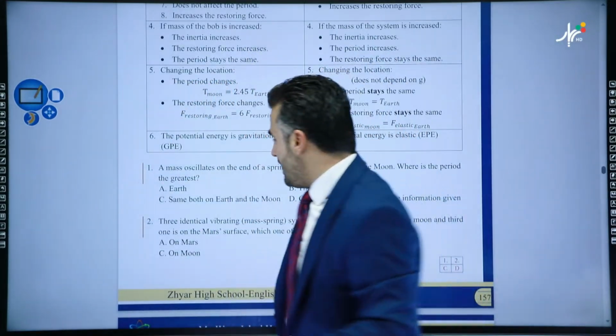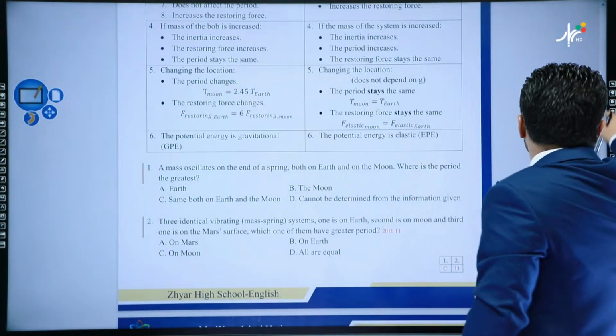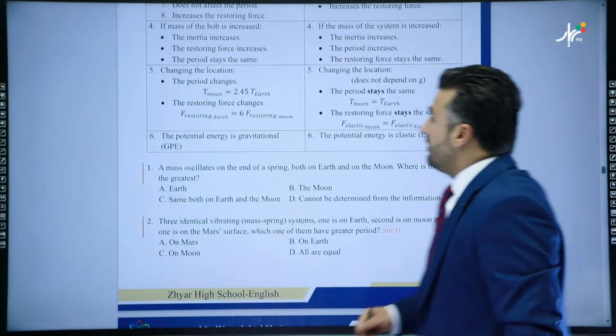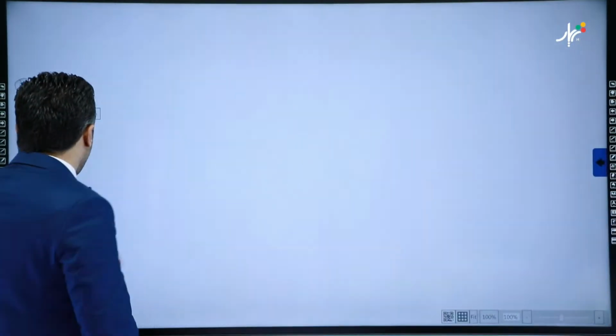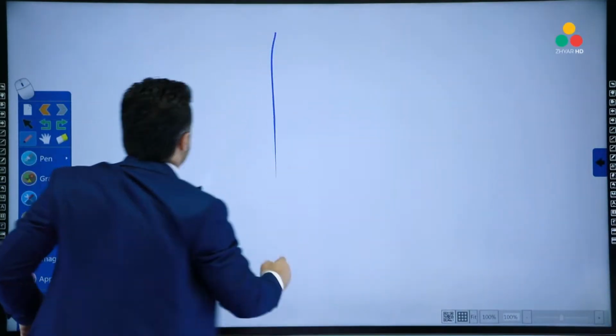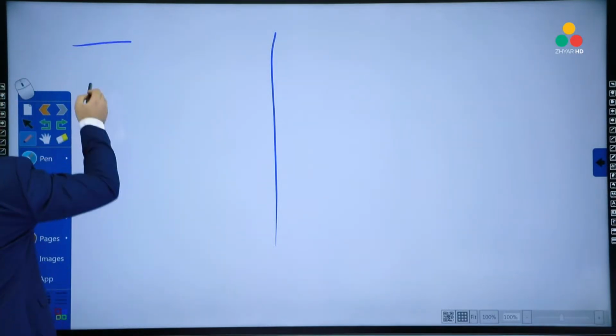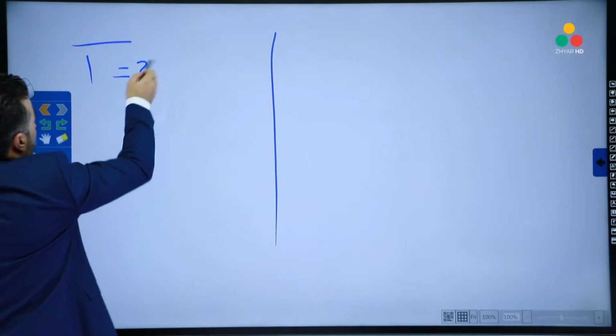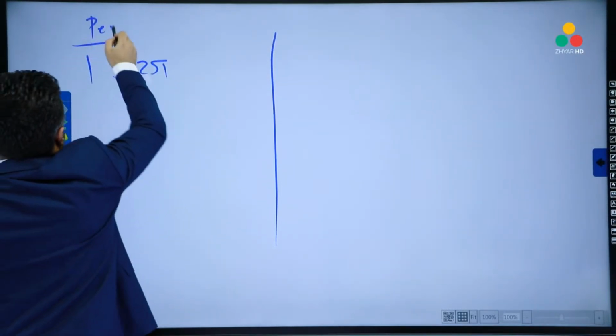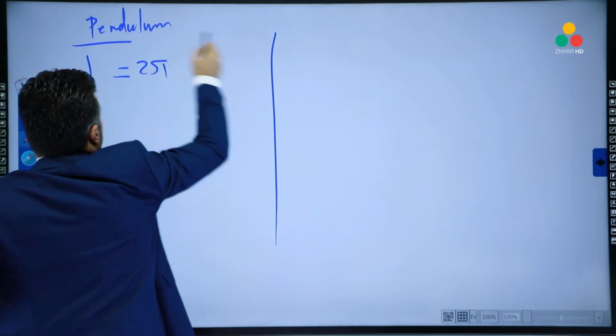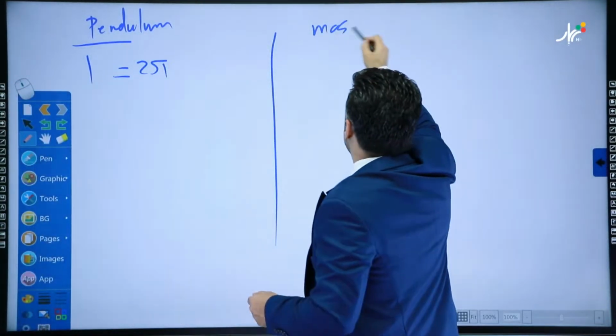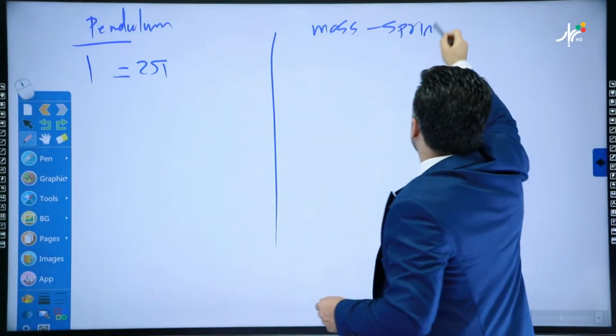If we increase the mass, I believe it would be best if I draw the 2 equations here. So let's say this is for a pendulum, and this is, let's say, the mass spring system.